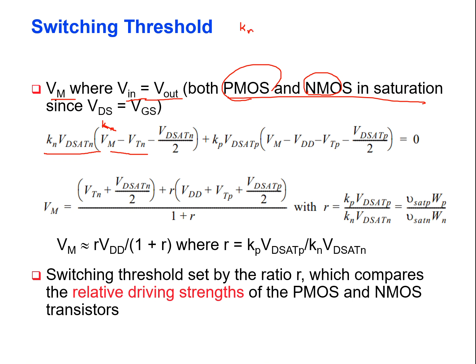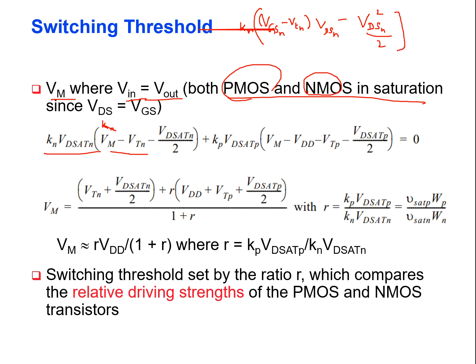It is Kn into VGSN minus VTN into VDSN minus VDSN square by 2. This is the formula we have derived for the region of operation of your NMOSFET.